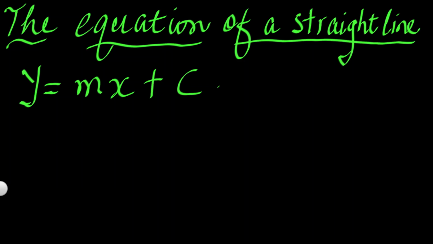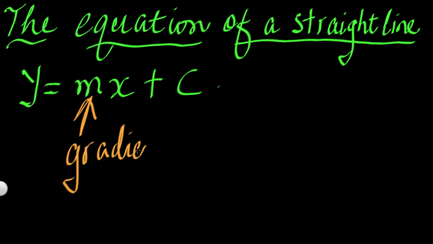The equation of every straight line can be represented by the equation y = mx + c. This is the general form of every linear function or linear equation. Y = mx + c, where m is the gradient of the straight line, or sometimes we may call it the slope.